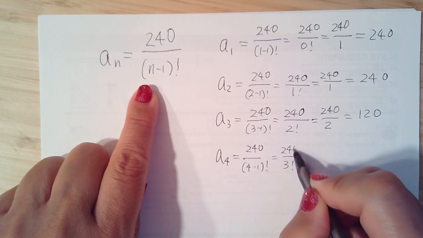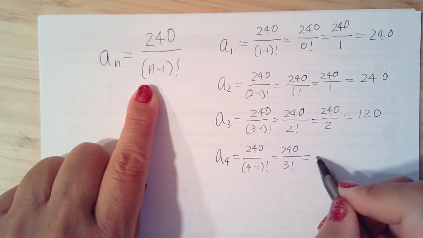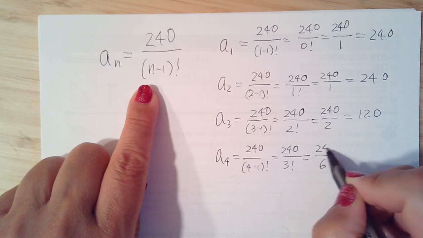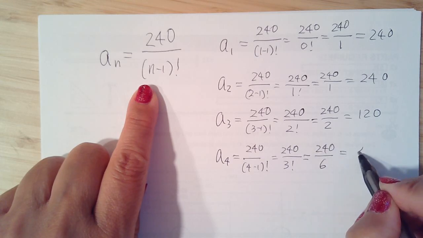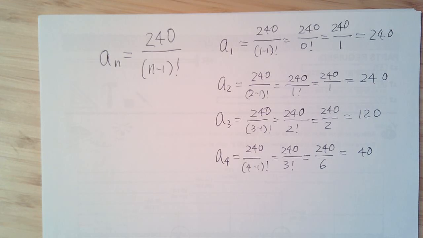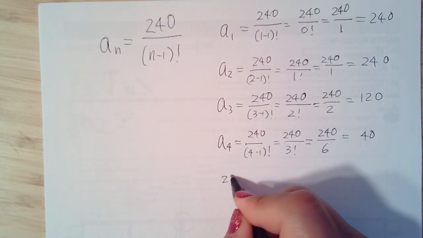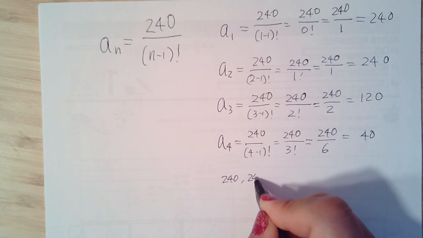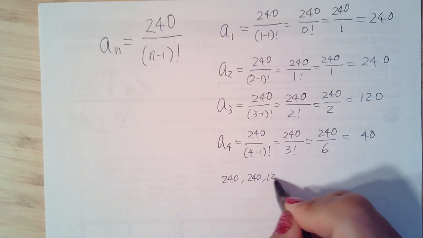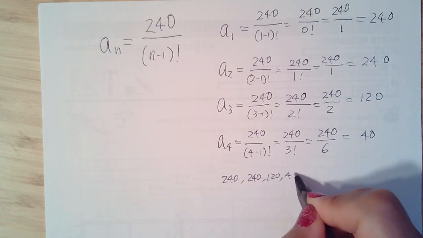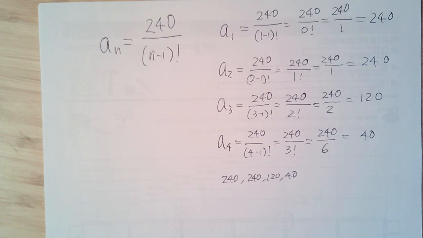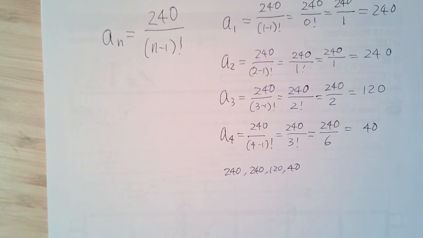And what is 3 factorial? 3 times 2 times 1, which is 6. Okay, so that answer is 40. All right, now what are the first 4 terms? 240, 240, 120, and 40. Okay, so those are the first 4 terms.